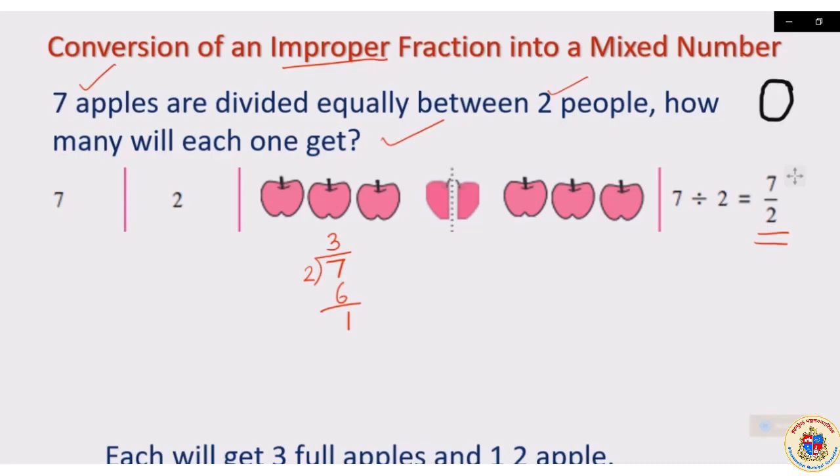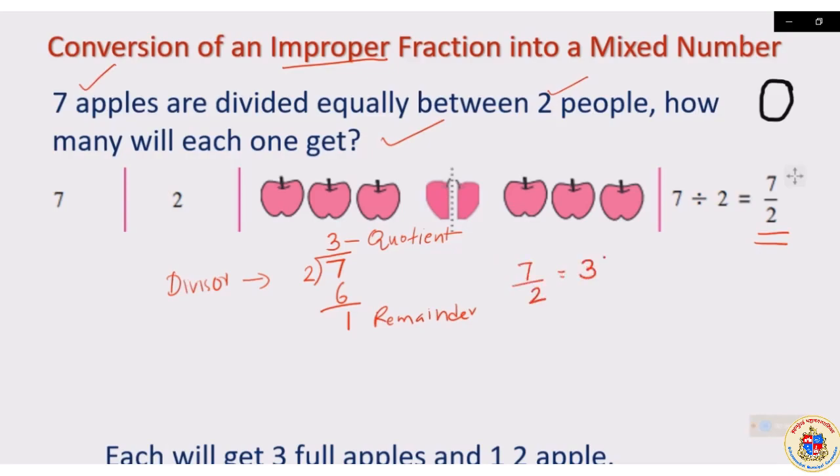So converting is simply a division. Each one will be getting 3 full apples and half of another apple. In this 3 is quotient and the last remainder is 1, and we name 2 as the divisor. These are all you have studied in lower class. Simply I am writing for you while talking.